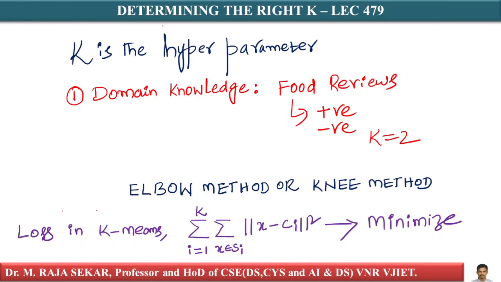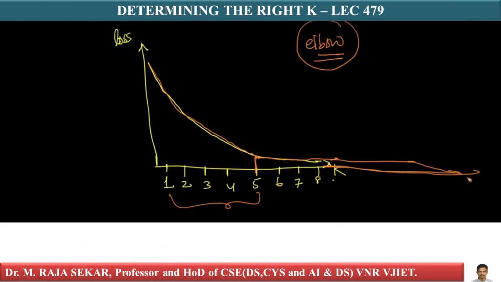So what we can plot here: on the y-axis, you plot the loss or objective function. This is the loss in k means, as we discussed.